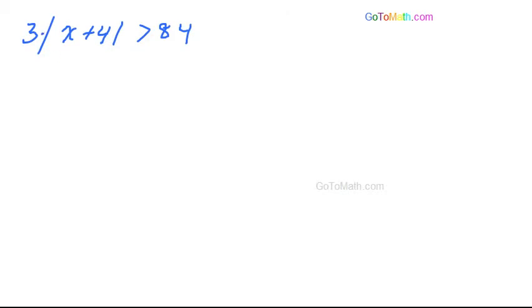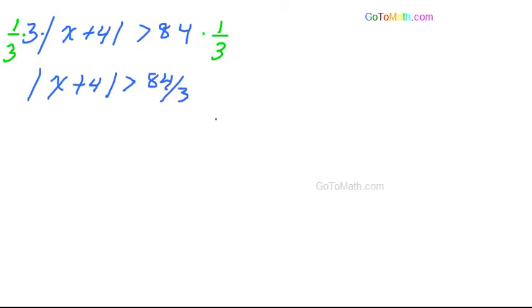That means we're going to get rid of this 3. We're going to multiply both sides by 1 over 3, the reciprocal of that number. Now we're left with the absolute value of x plus 4 is greater than 84 over 3. And 84 over 3, the question is, does that reduce down? And actually it does. So we want to go ahead and rewrite this.